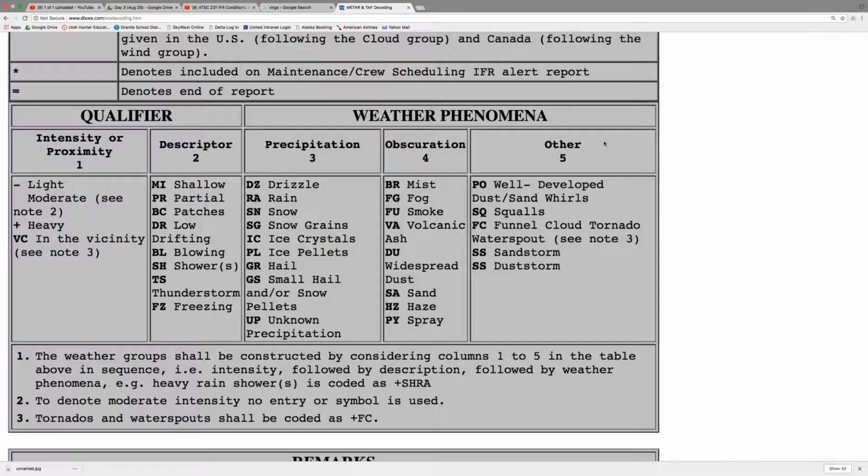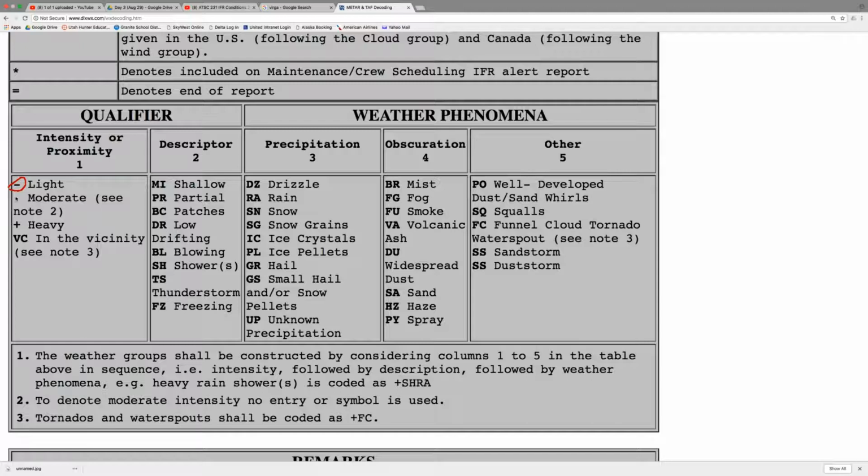You might even be able to search on Quizlet for METAR codes or something like that. I'm sure somebody else has already made a deck of flashcards for it. But make sure you have all of these memorized.